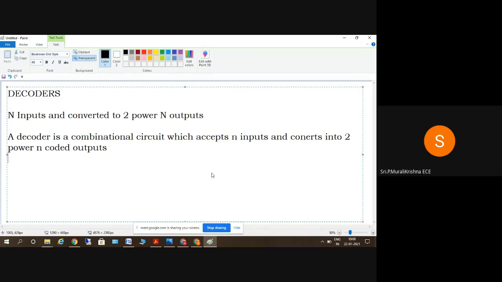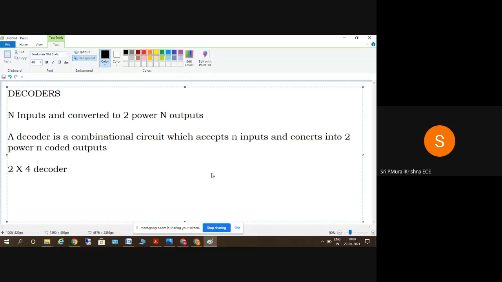We'll check an example of a 2 to 4 decoder. Generally we write it as 2:4 decoder.